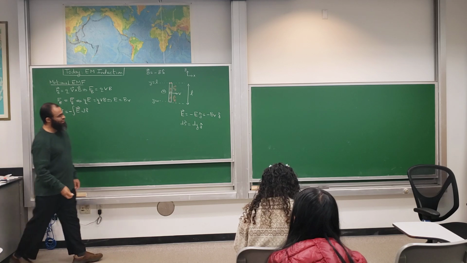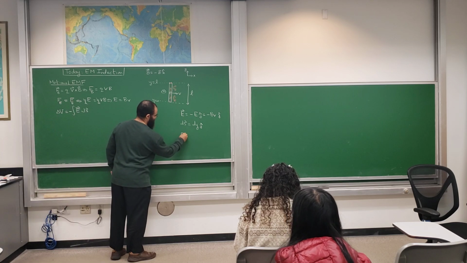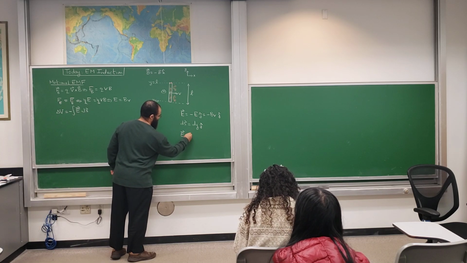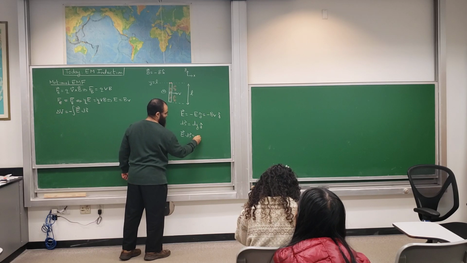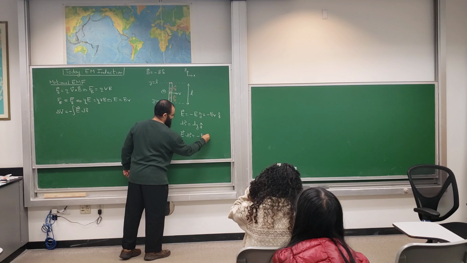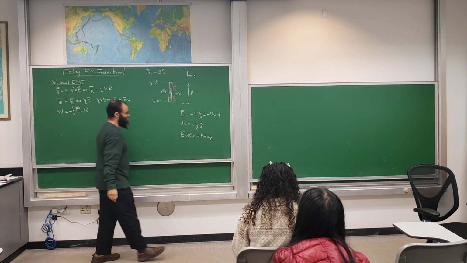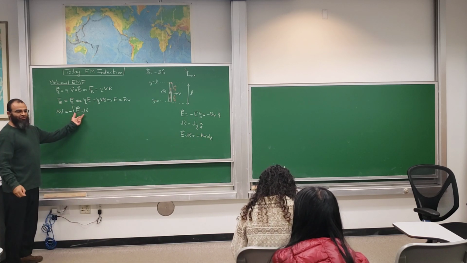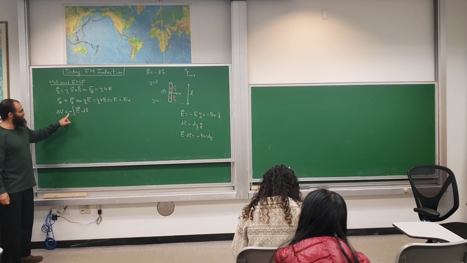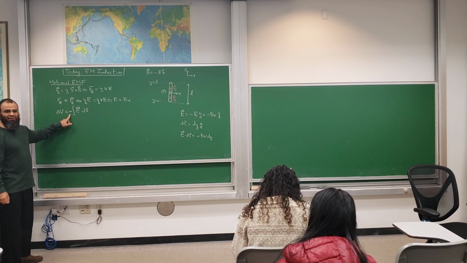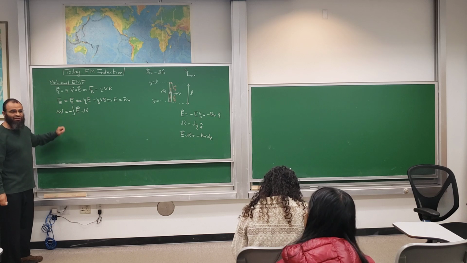What's their dot product? E dot ds. So here I would have minus vB dy, right? Minus vB dy. But there is a minus sign, so it becomes what? Just vB dy, right?